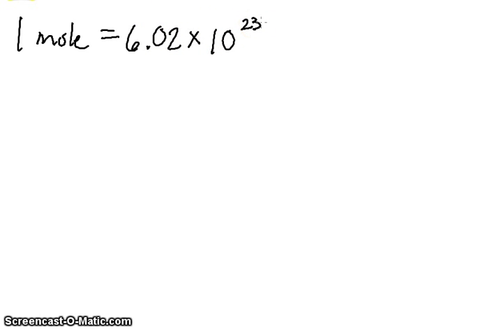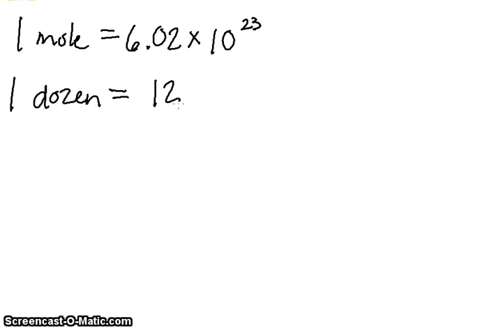This is a pretty large number, but the way that we use it is very similar to another number that we have a name for, the dozen. So if we think about a dozen as being equal to 12, in the same way, this mole that we're talking about here is equal to 6.02 times 10 to the 23rd.